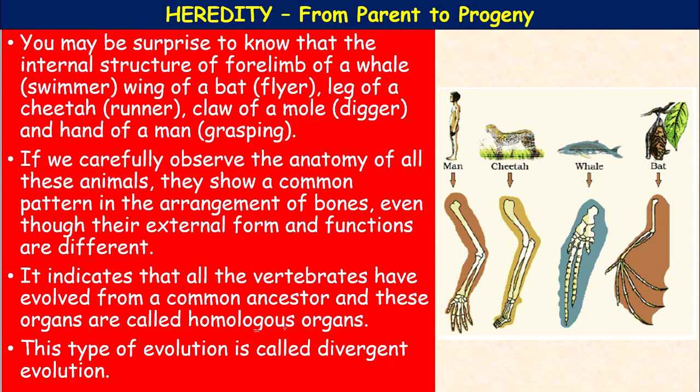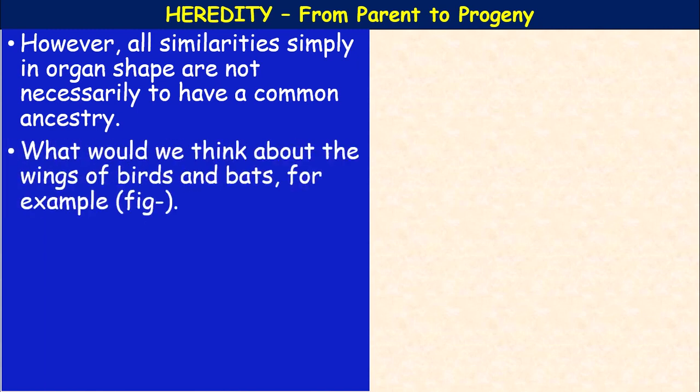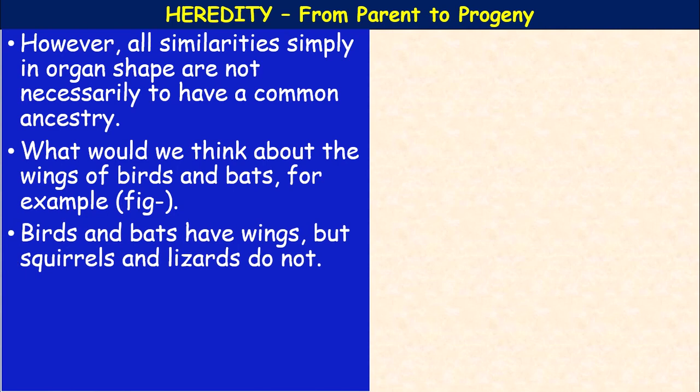Okay, homologous organs. Now, however, similarities simply in organ shape do not necessarily mean a common ancestry. What would we think about the wings of birds and bats, for example? The birds and bats have wings, but squirrels and lizards do not.